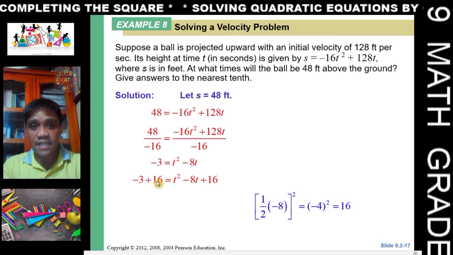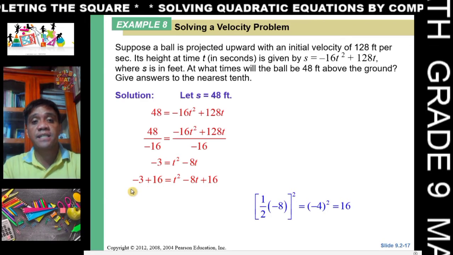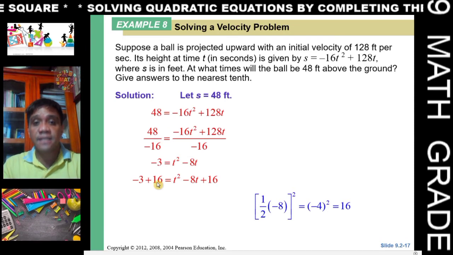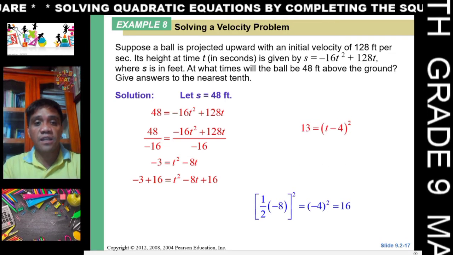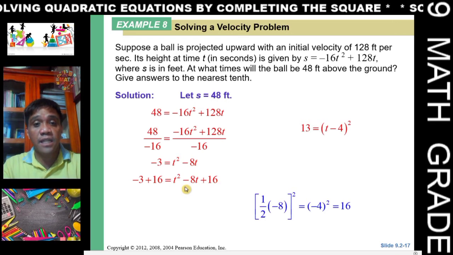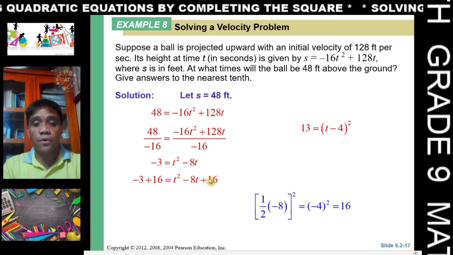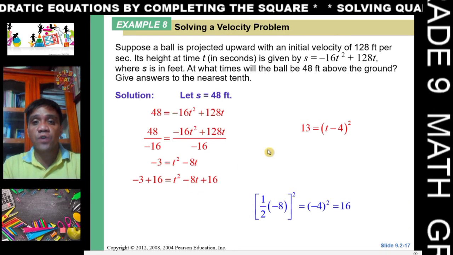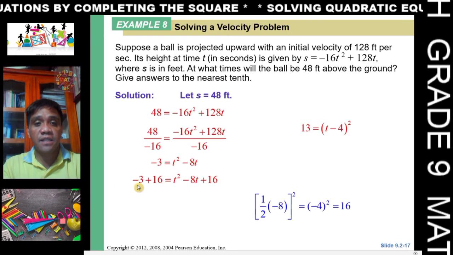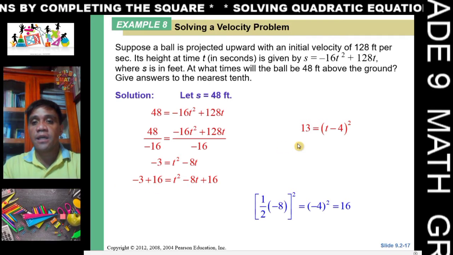We have negative 3 plus 16 is equal to t squared minus 8t plus 16. The right side of the equation factors as the quantity t minus 4 squared, then negative 3 plus 16 is 13.